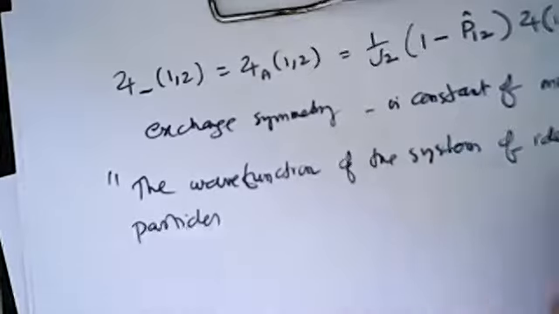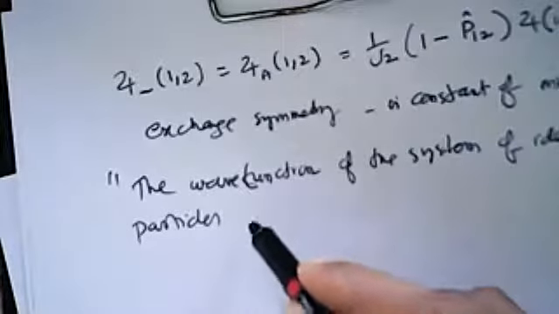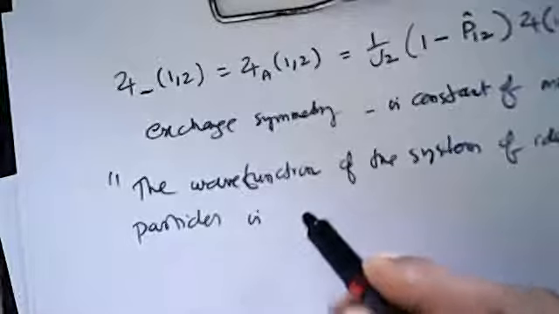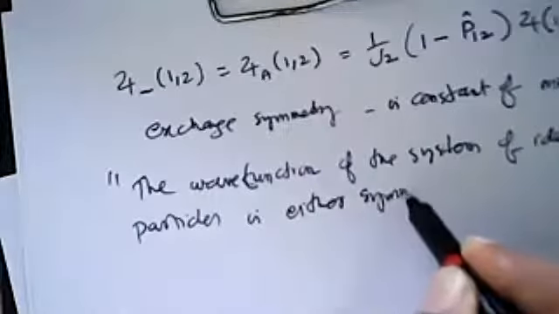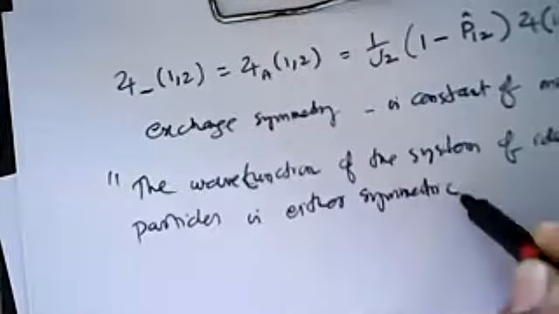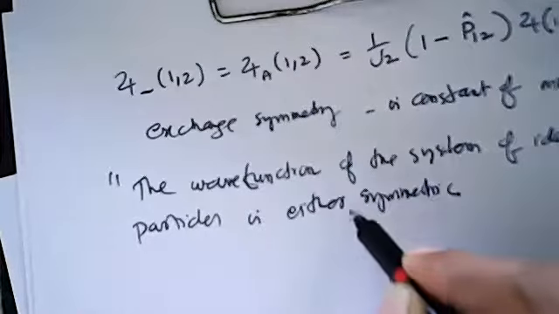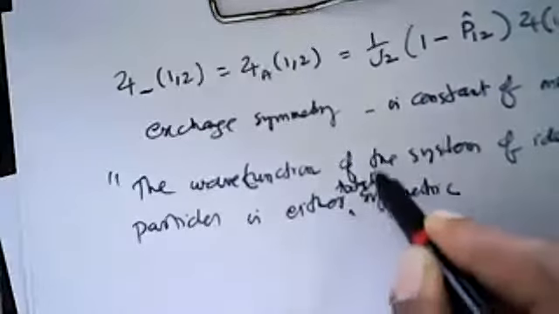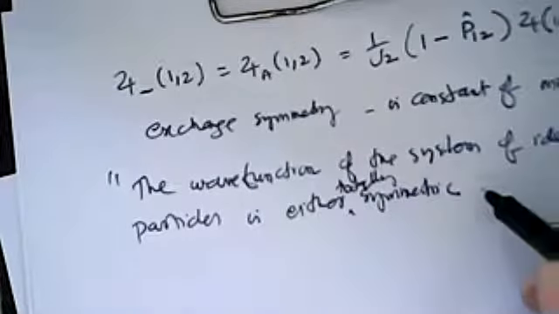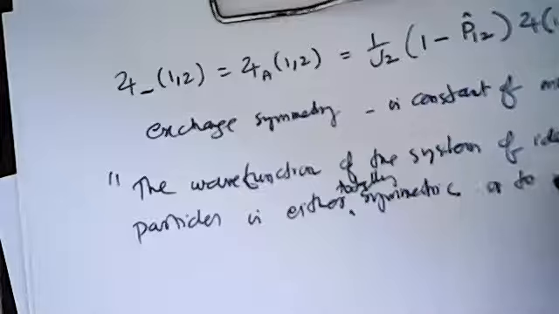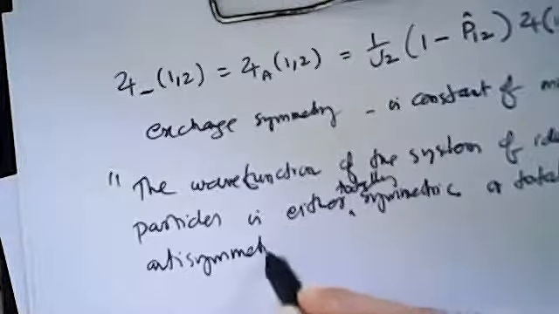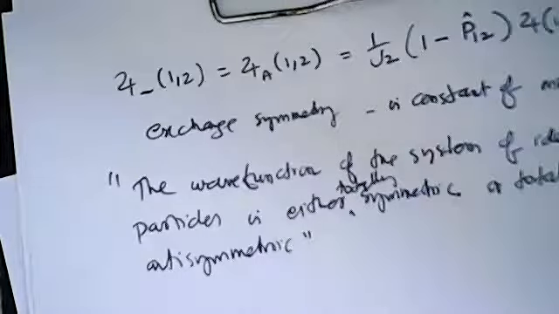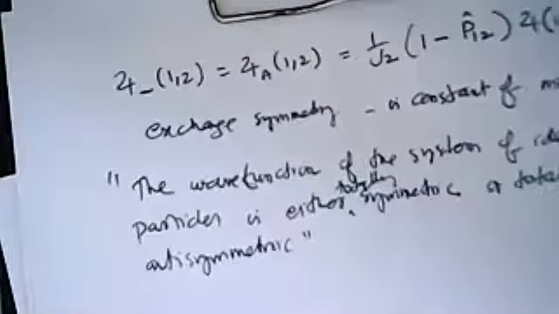The wave function of the system of identical particles has only two options: either totally symmetric or totally antisymmetric. So this is a very useful result.